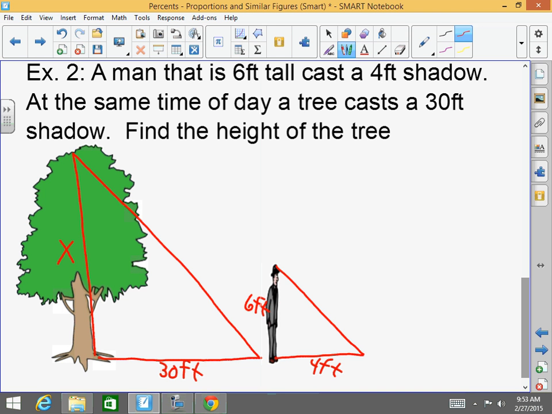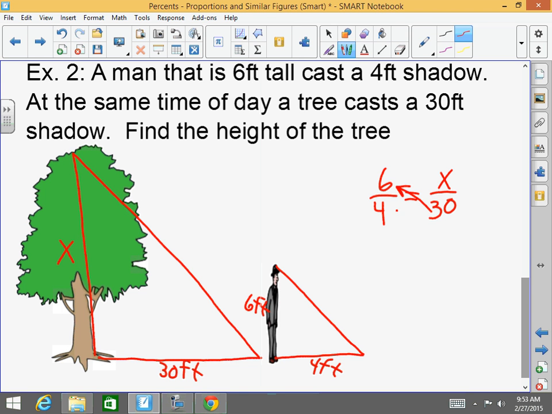So what proportion will we use to solve for x here? Okay, 6 to 4 will equal height to height, shadow to shadow, x over 30. Very good. Height to height, shadow to shadow.